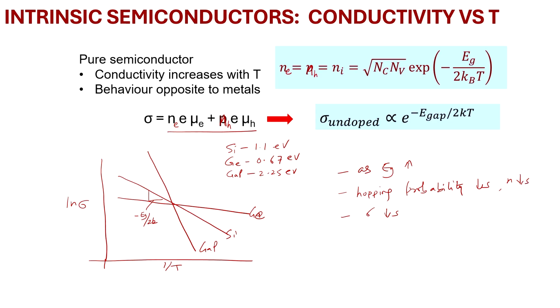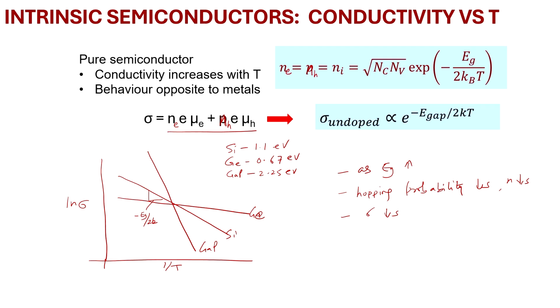As band gap goes up, the number of electrons which can cross from valence to conduction band reduces, and as a result the conductivity reduces. Secondly, as the temperature increases, the conductivity again goes up in a logarithmic fashion.